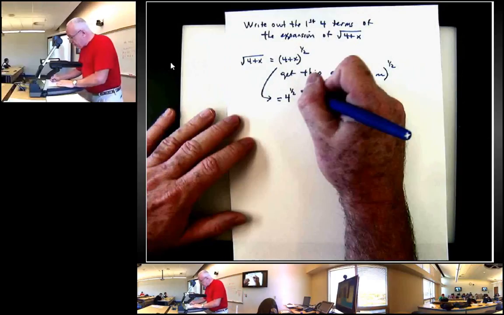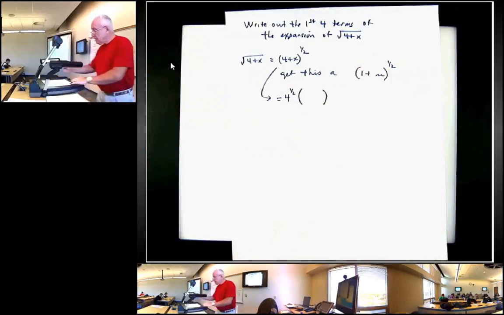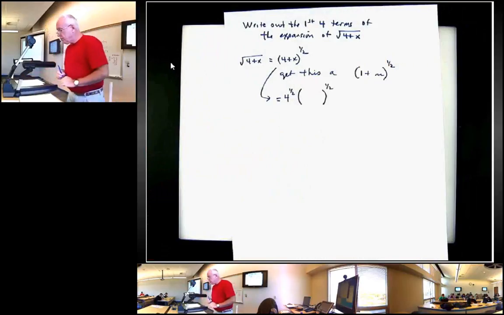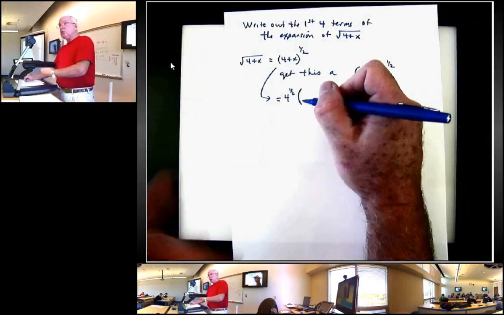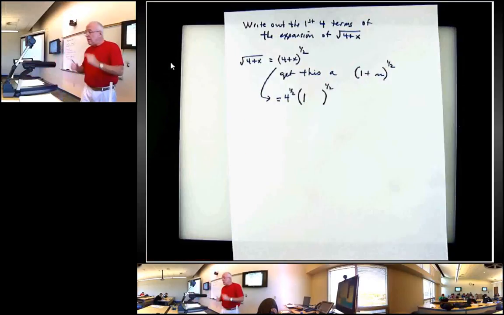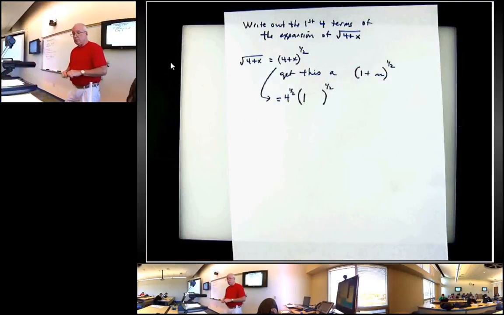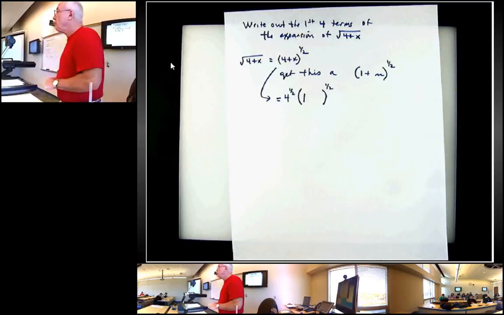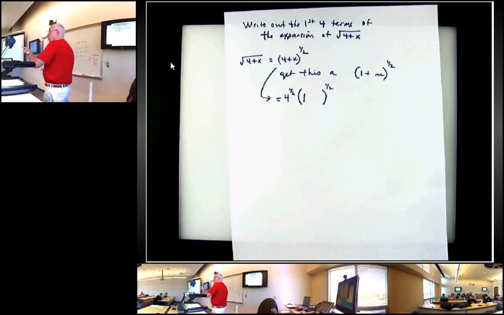Now, in here then, this is also to the 1/2 power still. Because we pulled out the 4, this is a 1, right? The first term. Now, what's that second term going to be? X over 4, right?